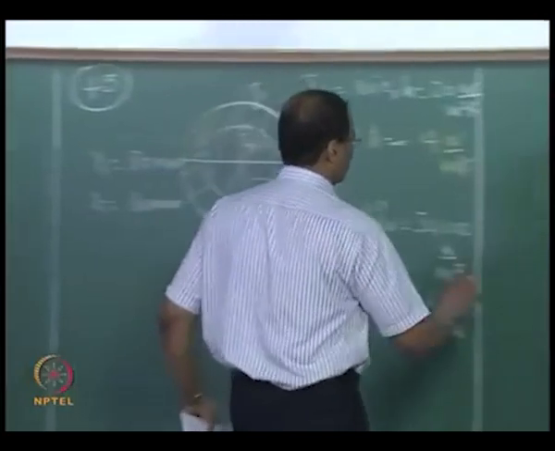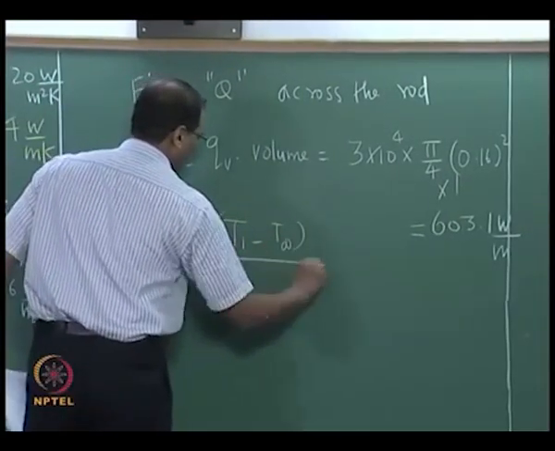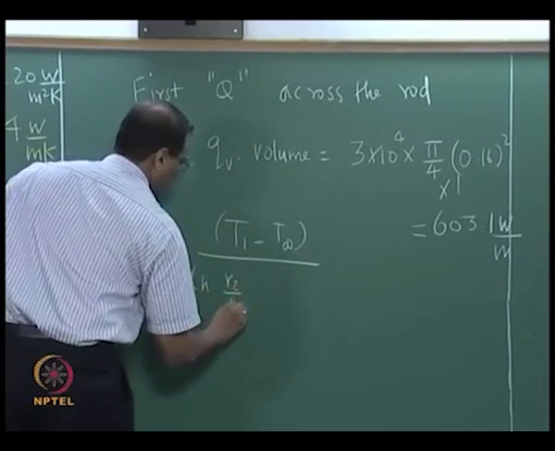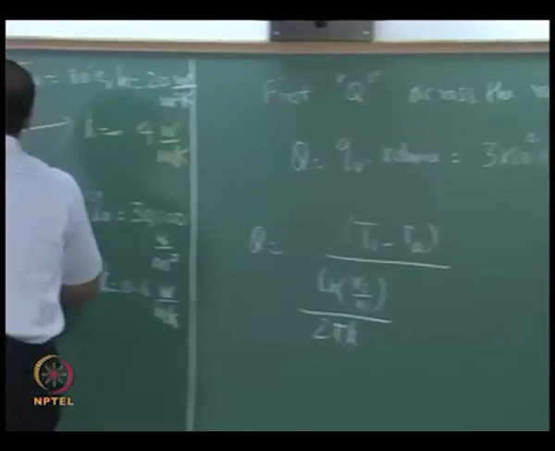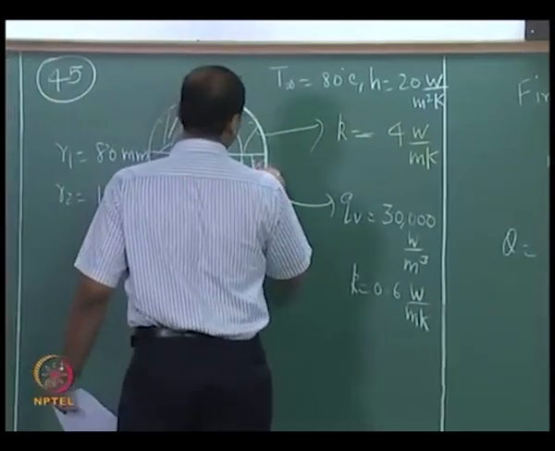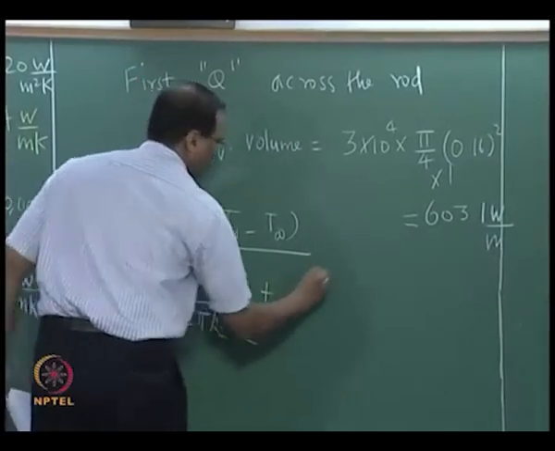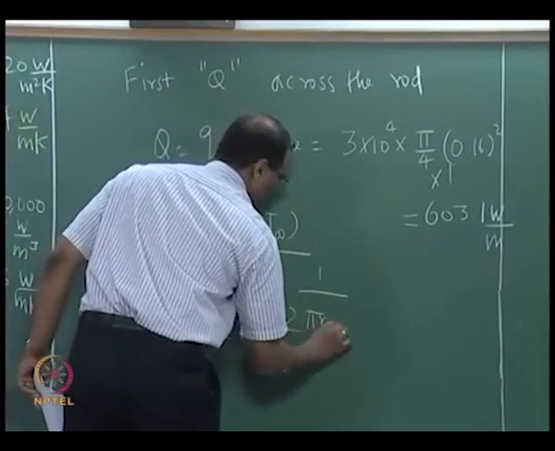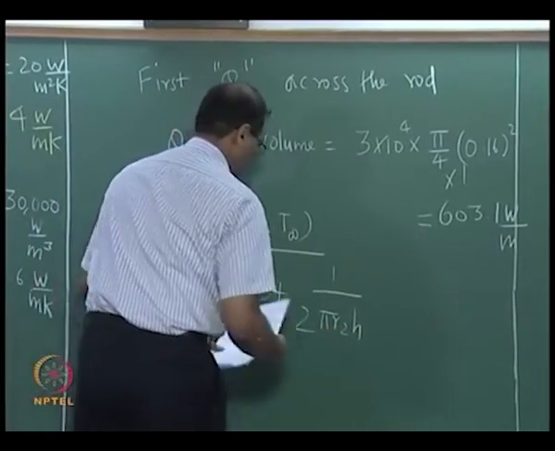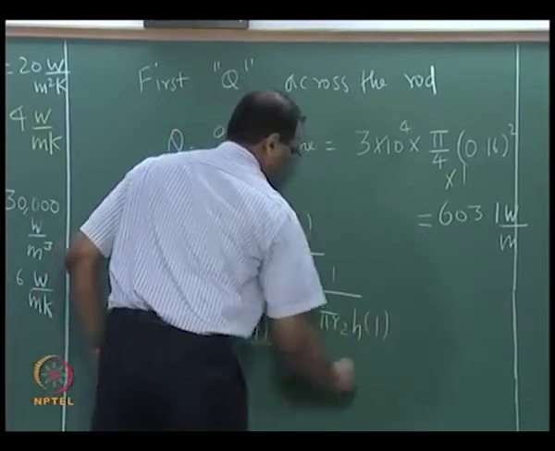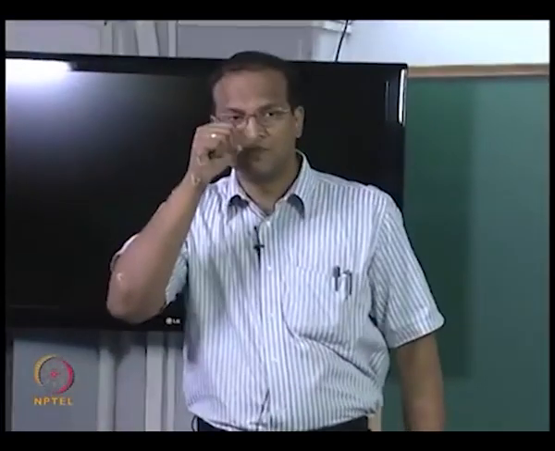This Q is now equal to... So I will call this K1, K2, 2 pi. This is correct, agreed.